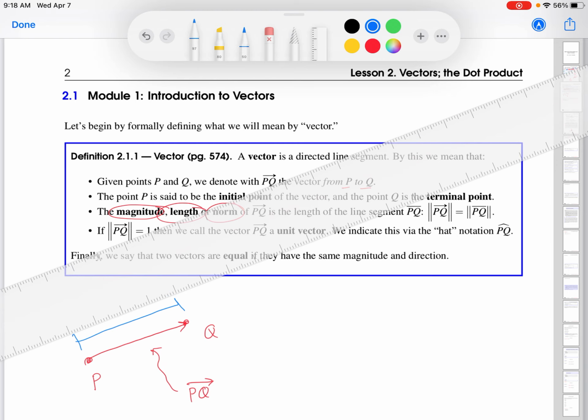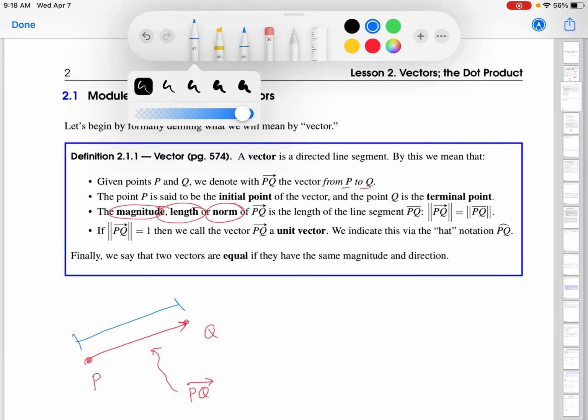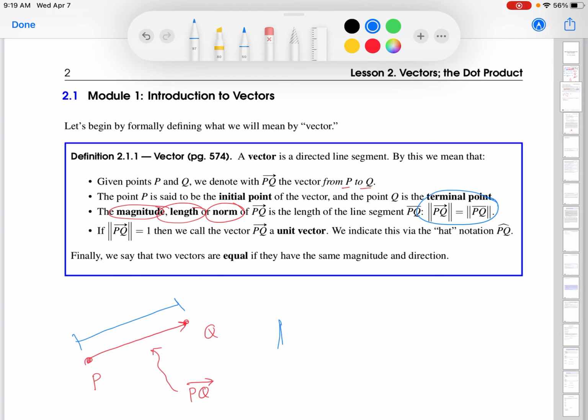This is that long. So that's what I roughly mean by having some sense of the length of a vector. So measuring it, getting a number. It's 4 centimeters long. It's 4 inches long. And again, the notation for that is this double bar, almost like a double absolute value, and then the vector itself, and then the other bar.